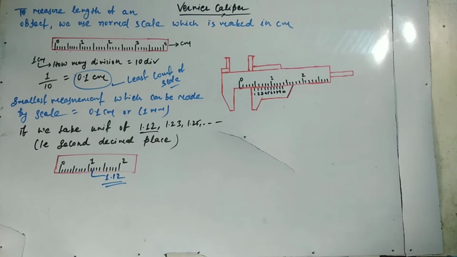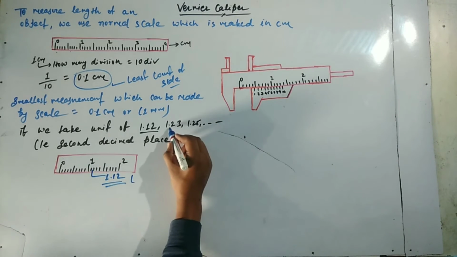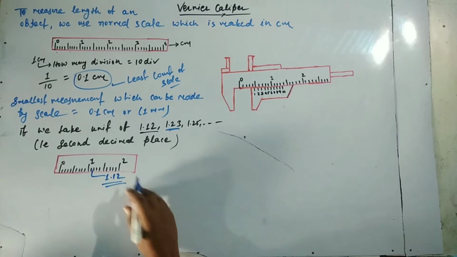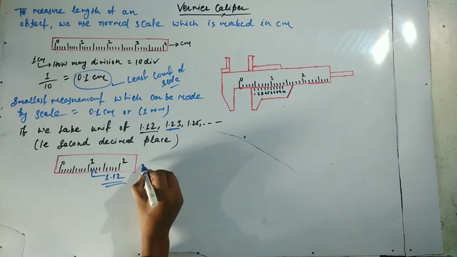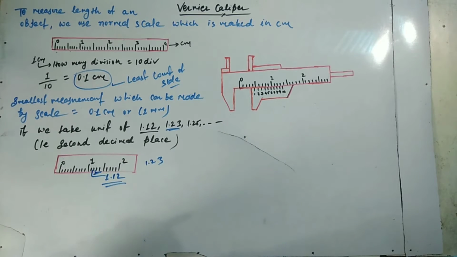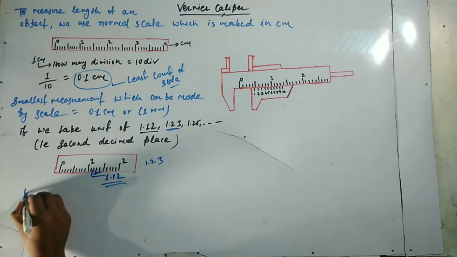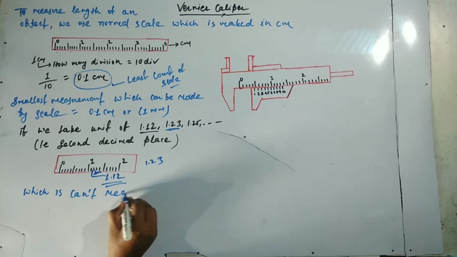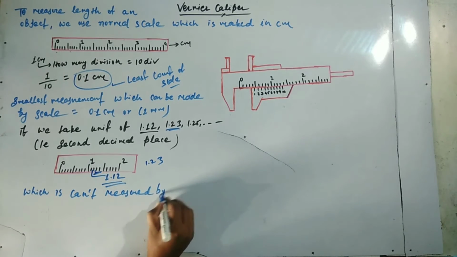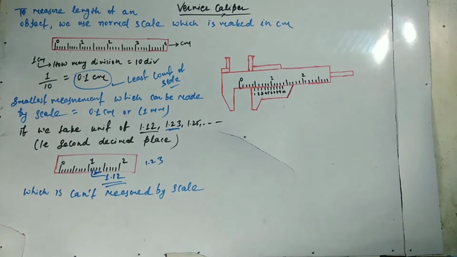So by the scale it can't measure 1.12, it can't give an accurate measurement. For 1.23, it is between 1.2 and 1.3. So by the scale this value can't be measured, because the scale can't measure the second decimal place.